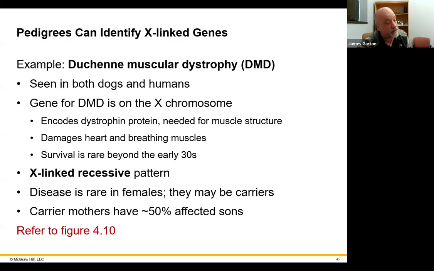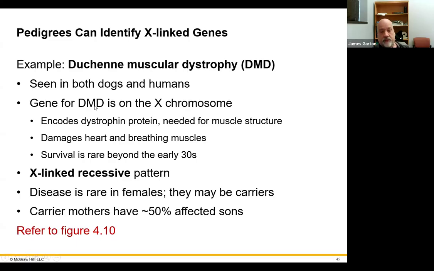Now, you can analyze pedigrees if you really want to trace down that a genetic disorder is on the X chromosome. Best way to do it is through analyzing the pedigree. And there is a type of muscular dystrophy. And it turns out that this gene is on the X chromosome.